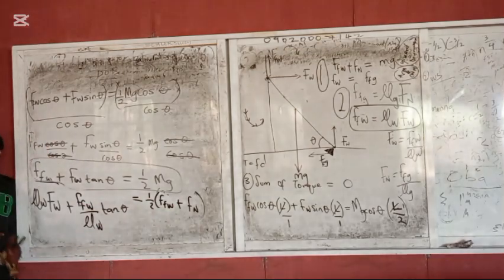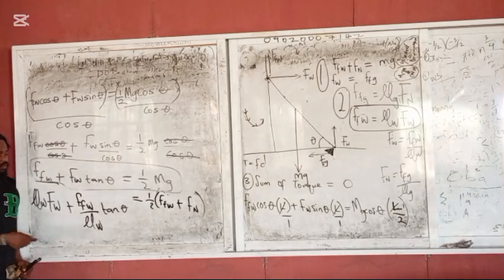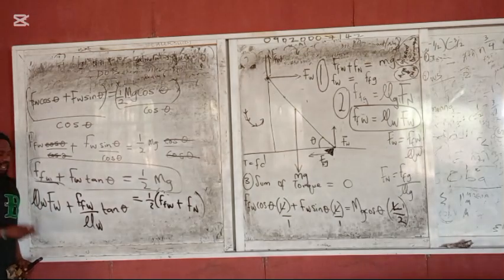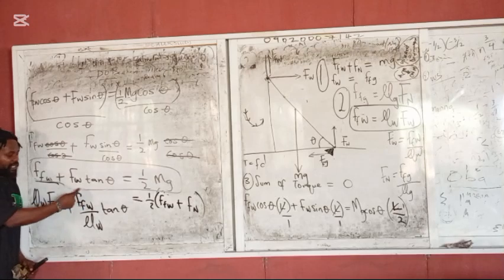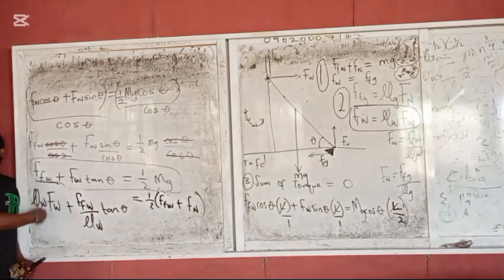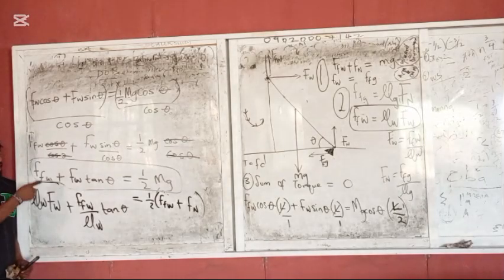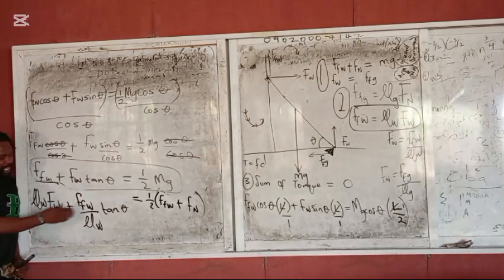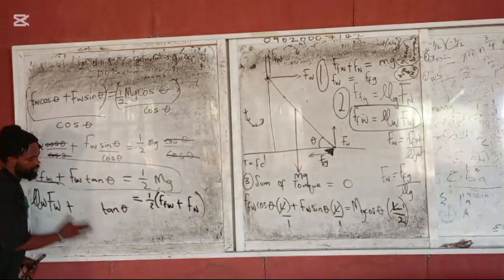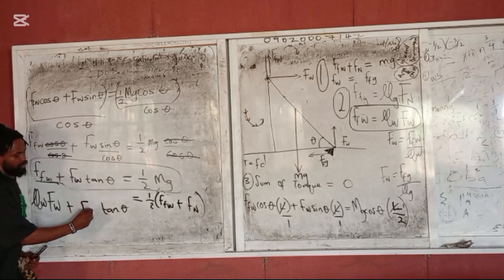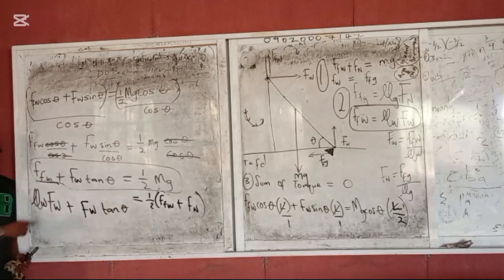As you are solving your own, if you find a way to take back this FW that is here, it means you are doing it twice. This FW that is here, I replace it with this again. You see that it's a long process, but you definitely get to the same answer. So that is why when I said F_FW equals this, I allowed my FW to remain, because I already know that this one will give me that FW that is inside it.